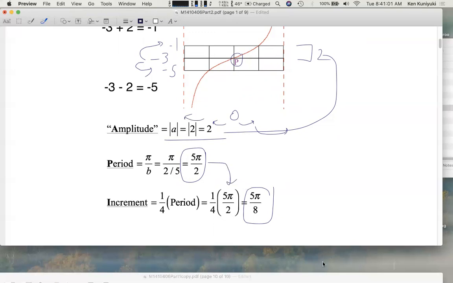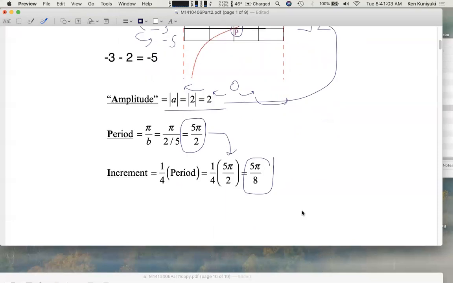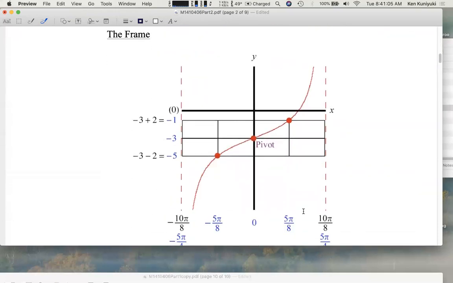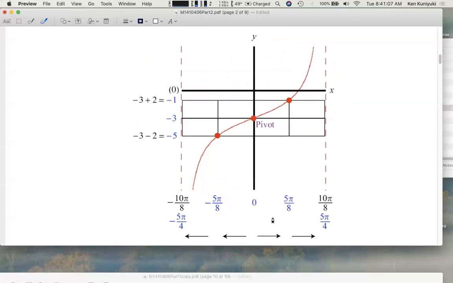All right, at this point, I'm going to go straight to the answer. So we have 0 in the middle. 0 plus the increment, 5 pi over 8, is 5 pi over 8. That's the x-coordinate for this key point here. 5 pi over 8 plus 5 pi over 8 is 10 pi over 8. That simplifies to 5 pi over 4. Don't forget to simplify.